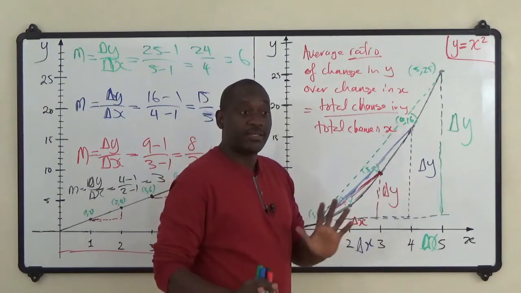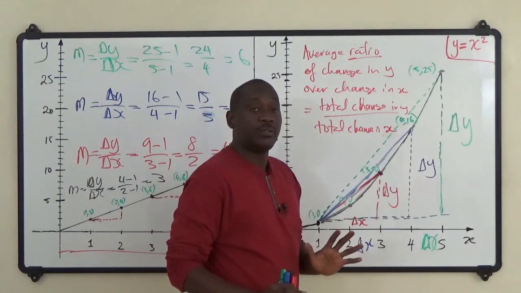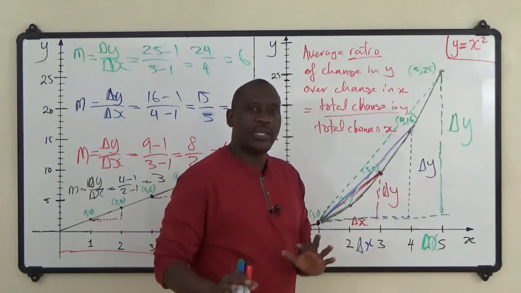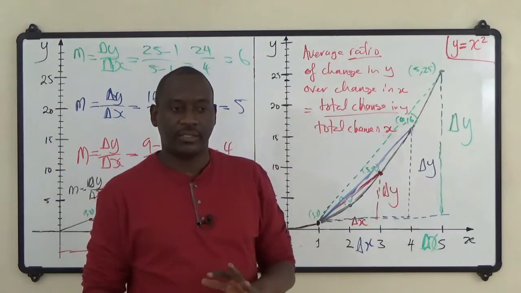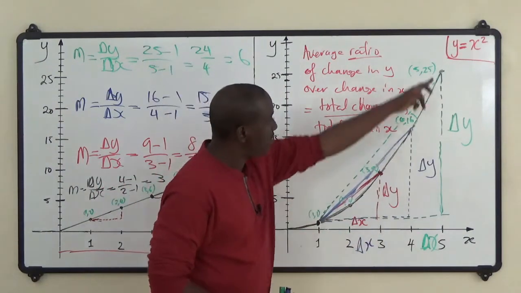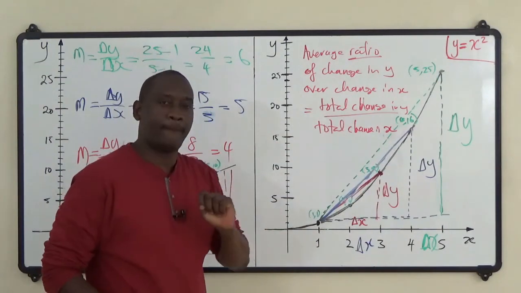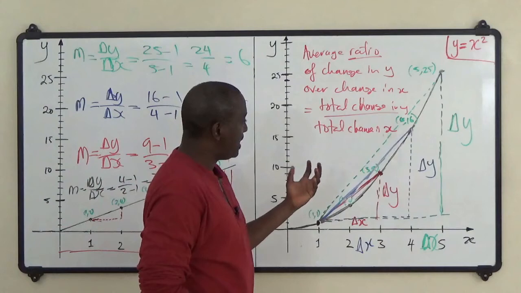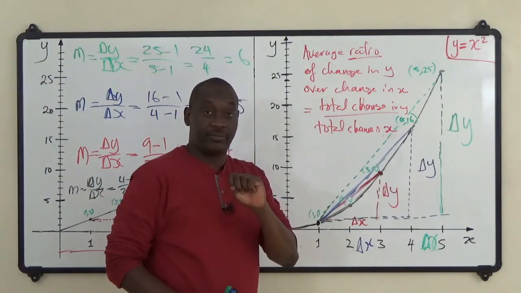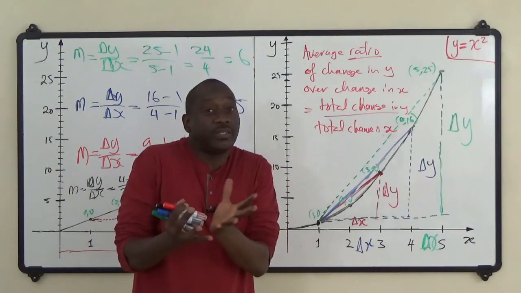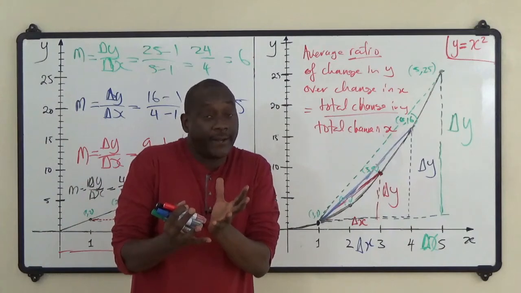All right? We agreed that the concept of the gradient of an entire curve just simply does not exist. However, we could find the gradient between 2 points in a curve, the average gradient, so to speak, right?